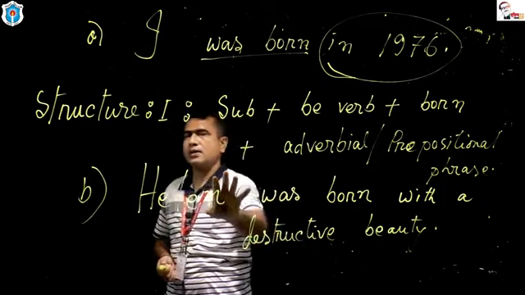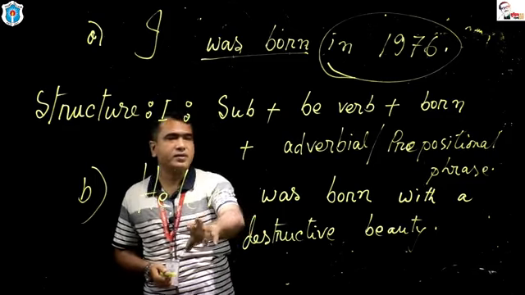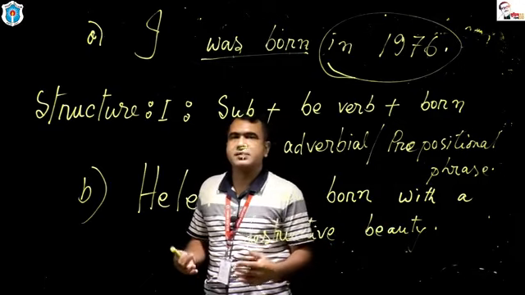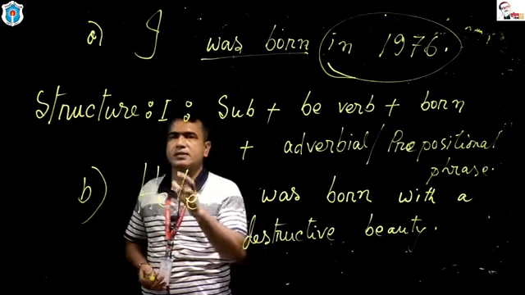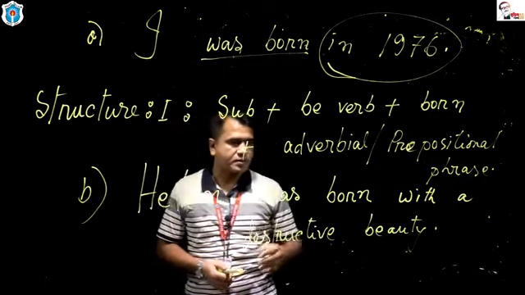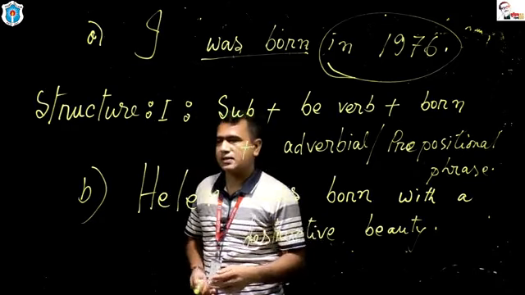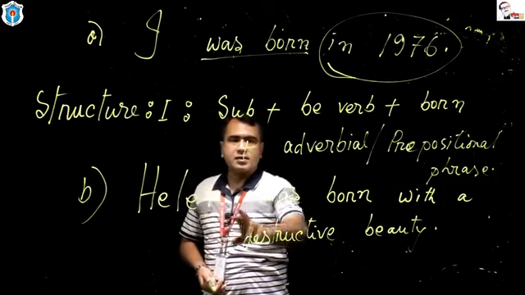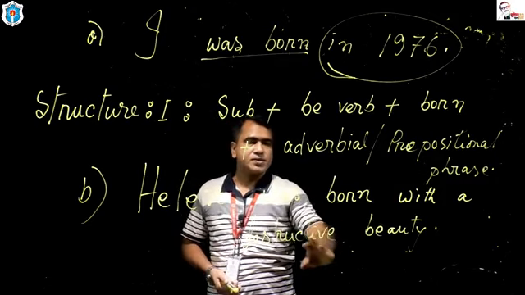So here I have used the name of Helen, who was born with a destructive beauty, that means mesmerizing beauty that can destroy another person, that can destroy the young generation by the charm of her beauty. Here Helen was born with a destructive beauty.